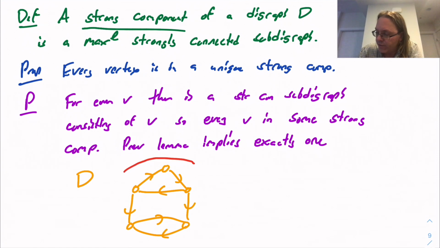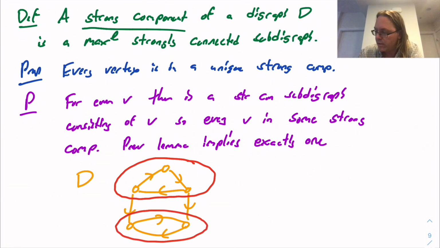And in fact, this one is going to be a strong component. Similarly, downstairs, you have a directed cycle of length 2. You can get from either of those vertices to the other one. This one is going to as well be a strong component.